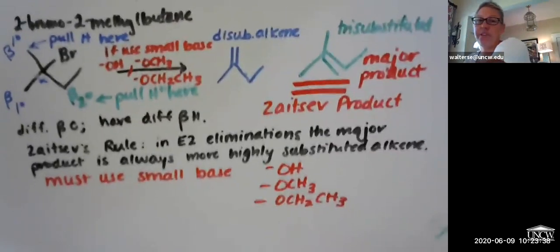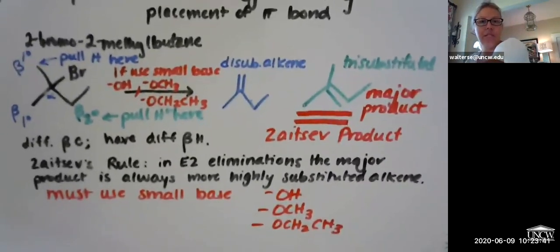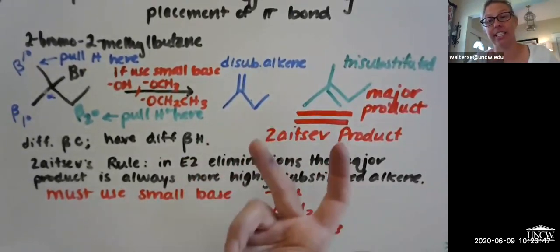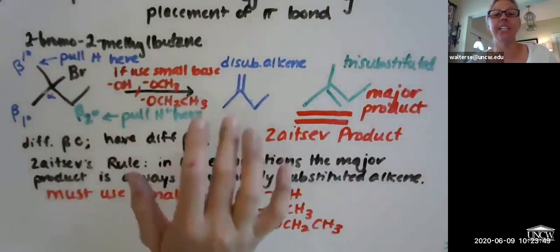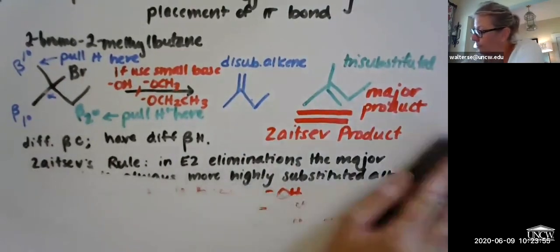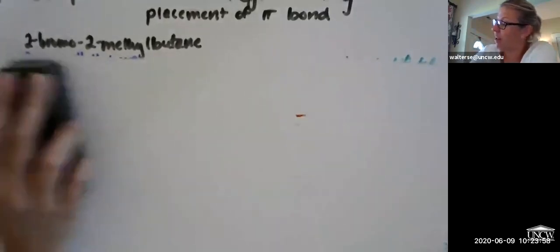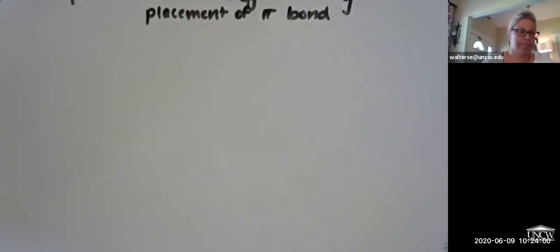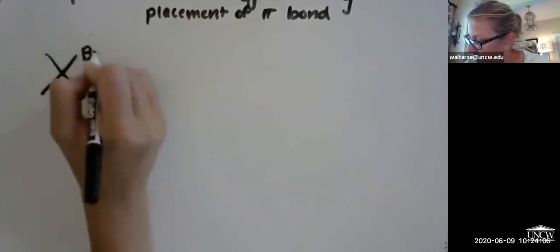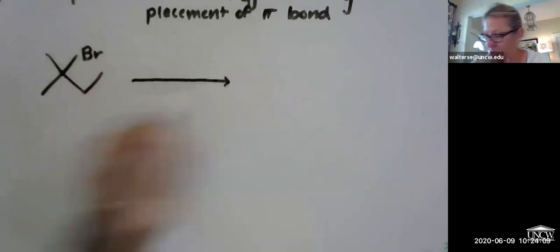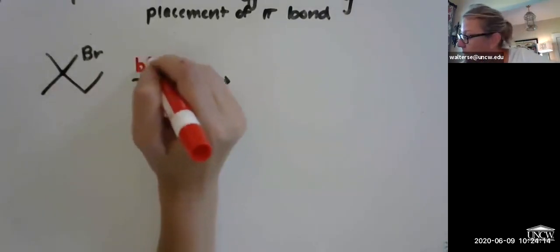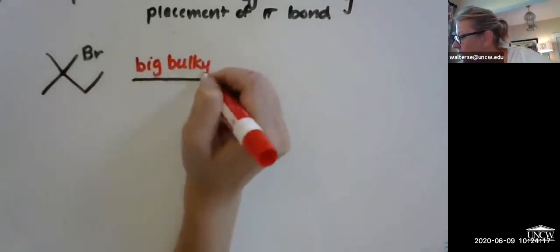What you might be wondering, but just don't want to say because it means more mechanisms, is are there any conditions where the di-substituted alkene will be the major product? Yes. Okay, so we're going to use the same substrate. But now what we're going to use, instead of a small base, is what we call a big, bulky base.